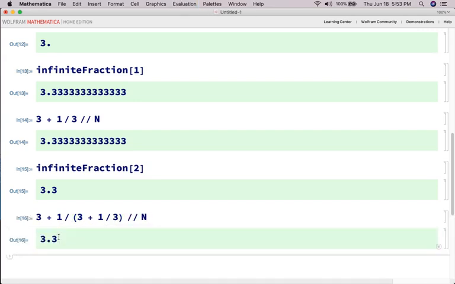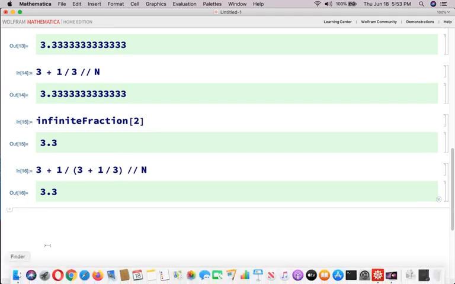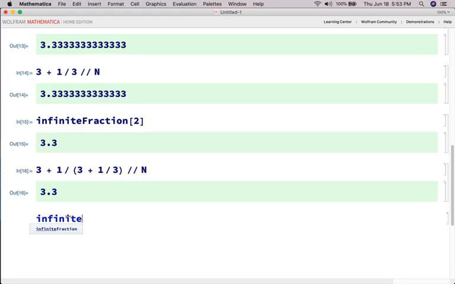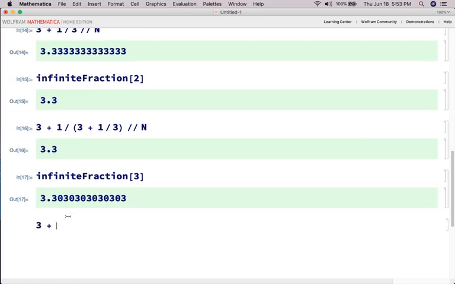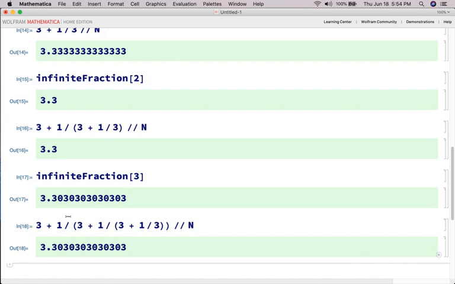And then let's try infinite fraction 3. 3 plus 1 divided by 3 plus 1 divided by 3 plus 1 divided by 3. There we go.